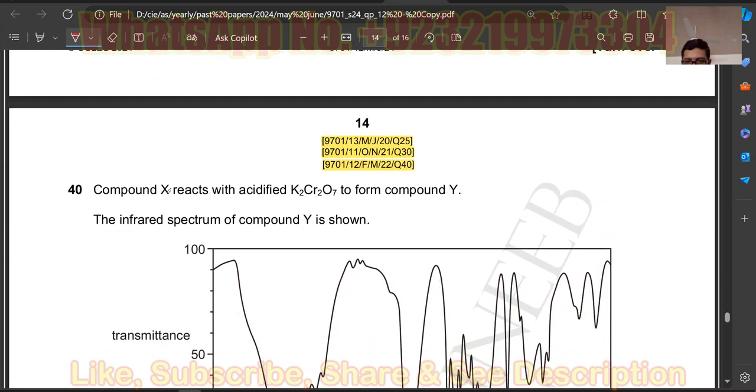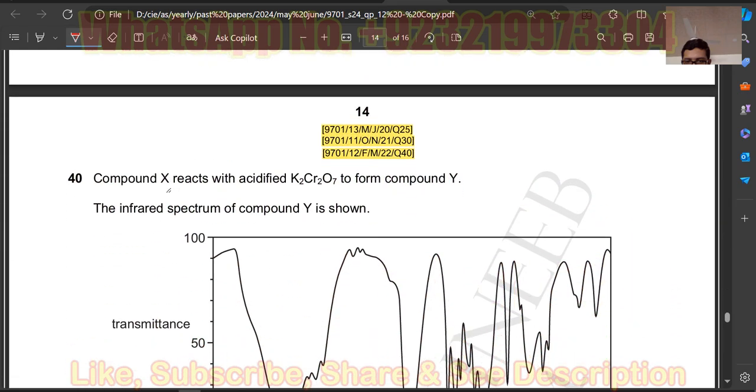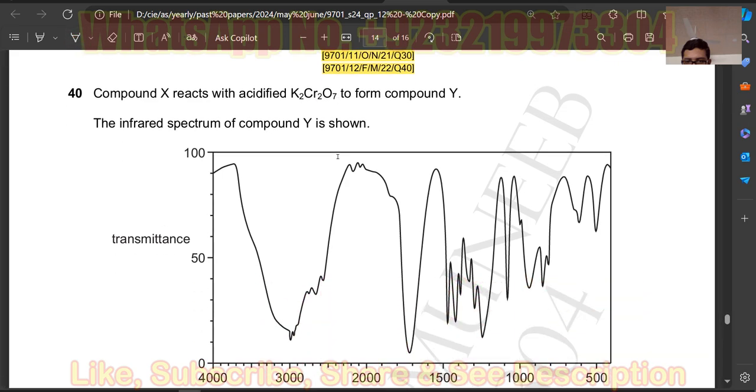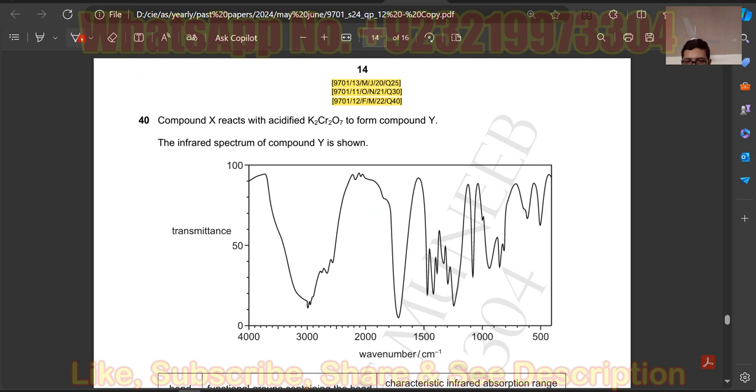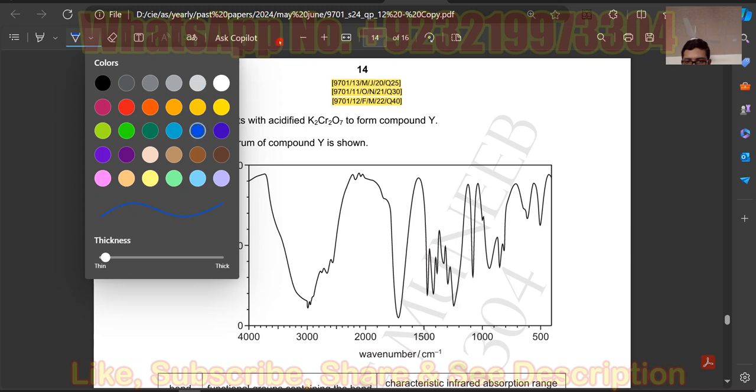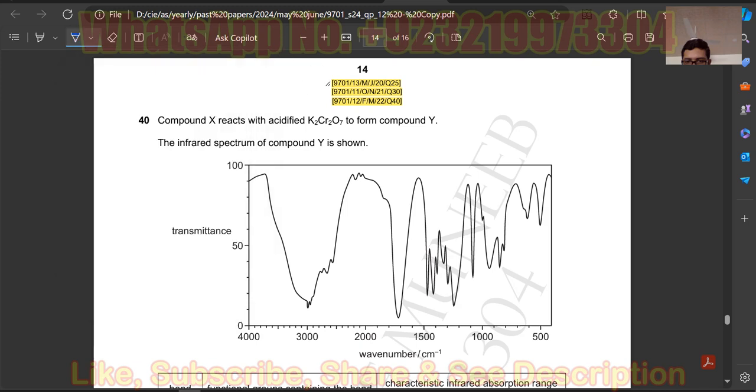Then the last question is based on infrared spectroscopy. Now this infrared spectroscopy has this graph. This whole question is repeated exactly the same as in this first reference. This question 40 is totally the same as in the first reference. However, in the second and third references, these questions are partially shown.